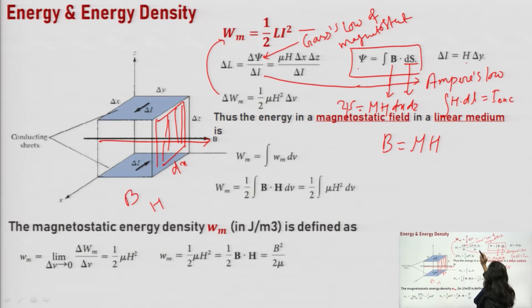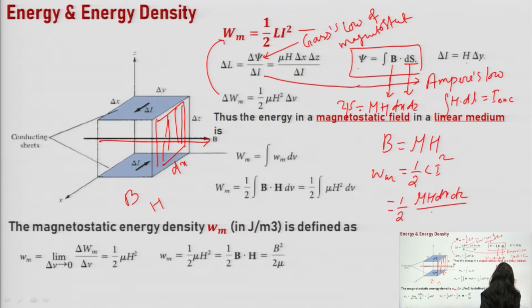Here I am writing it again, Wm, that is magnetic energy, can be written as half Li square, where L can be written from this formula as mu H dx dz divided by delta I. Delta I can be written as H del y, and here I square is there, so I square can be written here. Finally we will get half mu H dx dz.